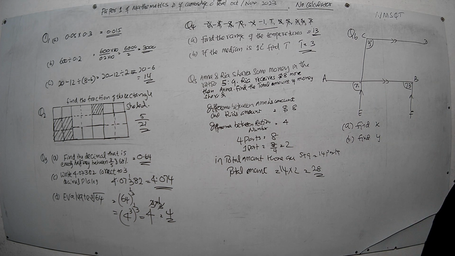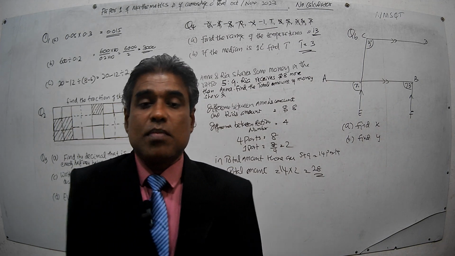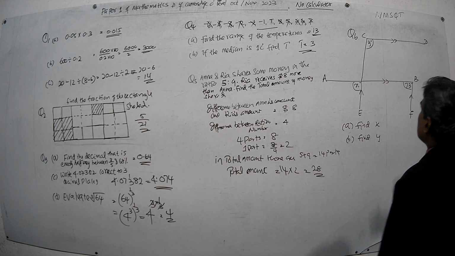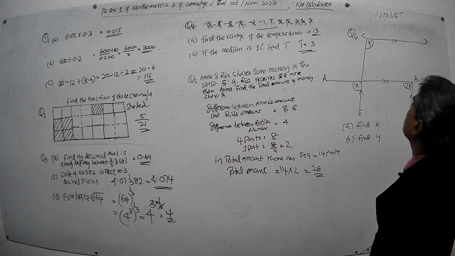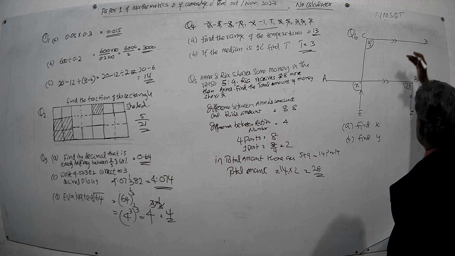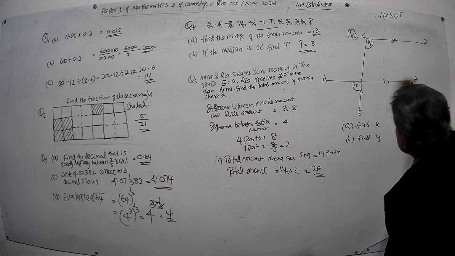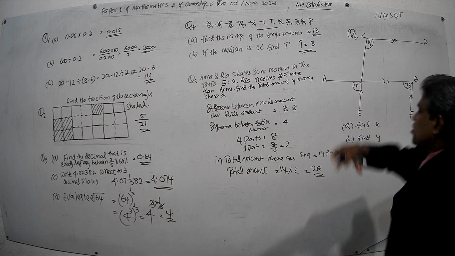Now you know parallel line rules, when two parallel lines are crossed by a transversal. Here, if you take these two parallel lines, this line becomes a transversal. If you take FB and CE, then this AB line is a transversal, because these two parallel lines are crossed by this straight line.